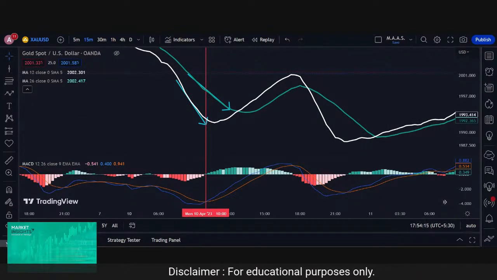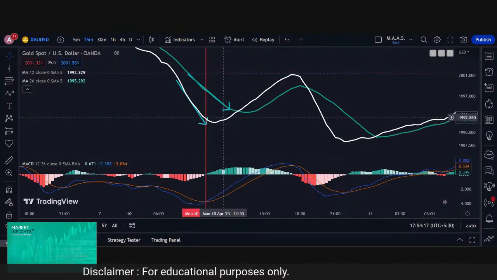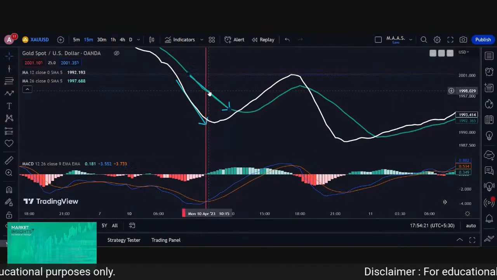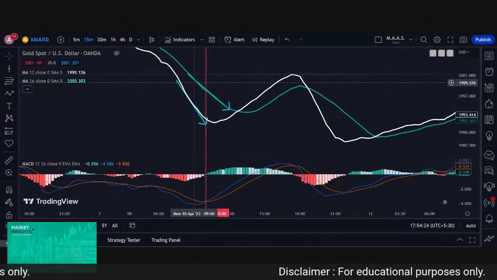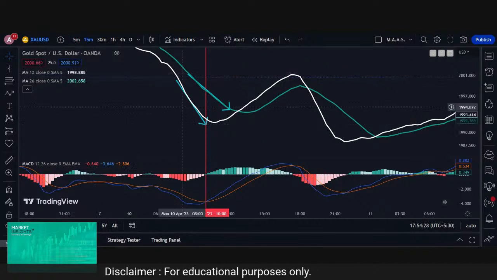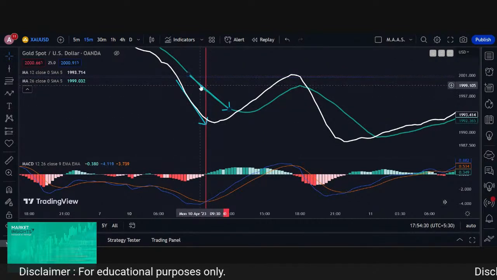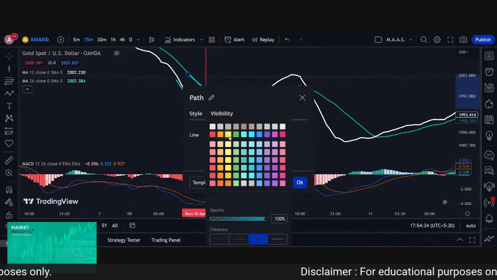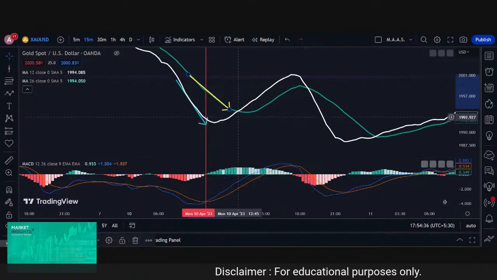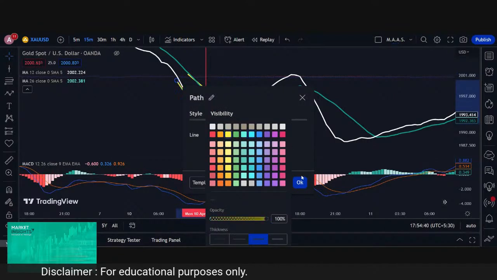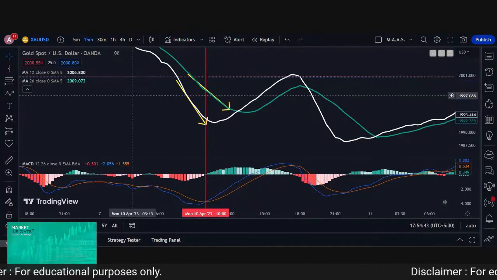Yeah, so this blue line basically denotes the difference between these two lines. If these two lines are diverging, moving away from each other, let us change the color, right?